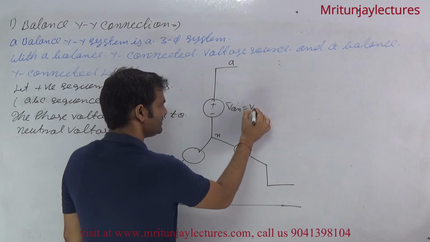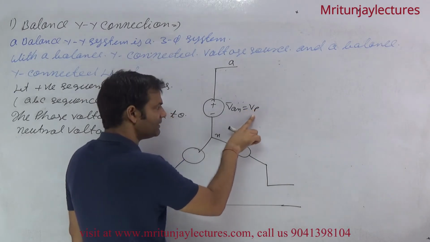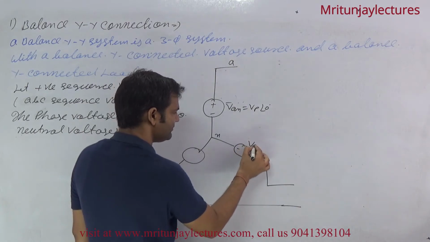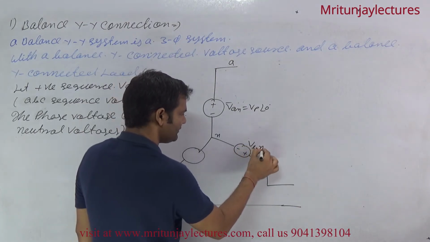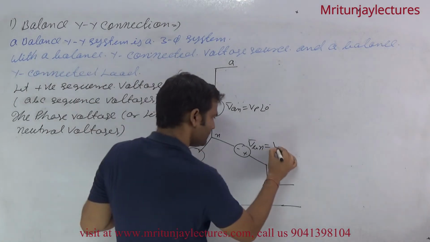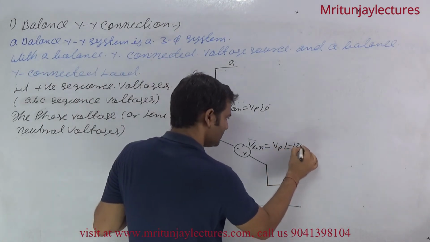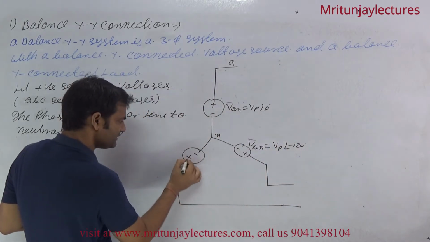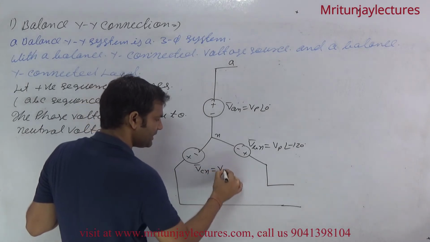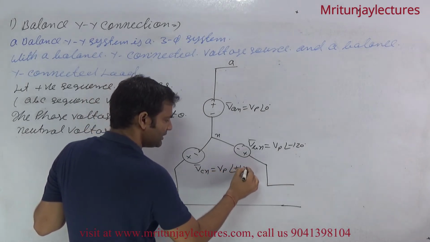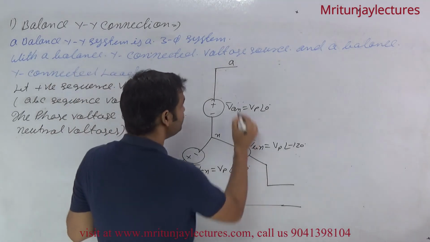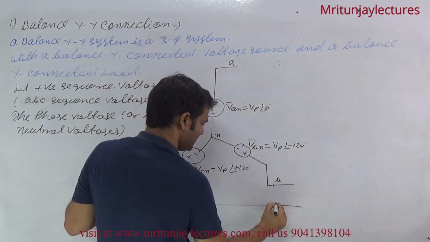This is written as magnitude wise Vp at the angle 0, and Vbn, because this one is positive sequence, that's why Vp at the angle minus 120, and Vcn is written as Vp at the angle plus 120. Clear? Neutral, and A, this is B, and that is C.